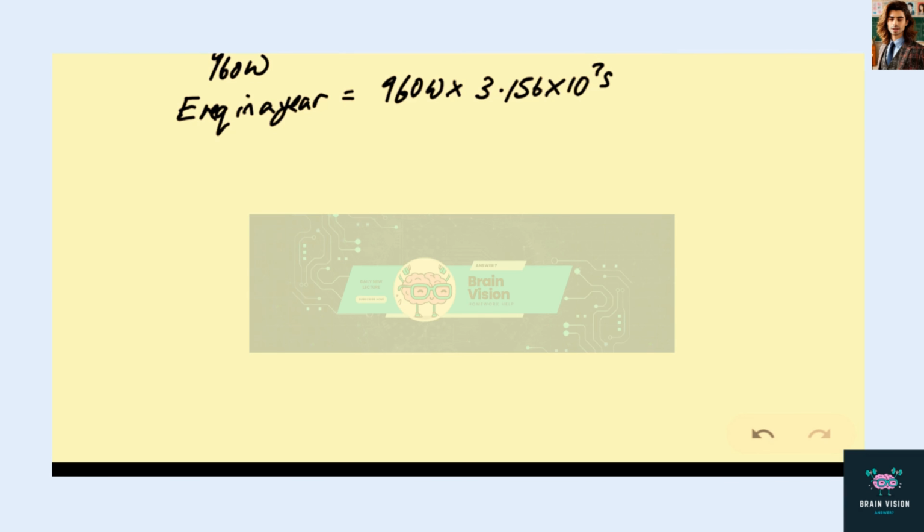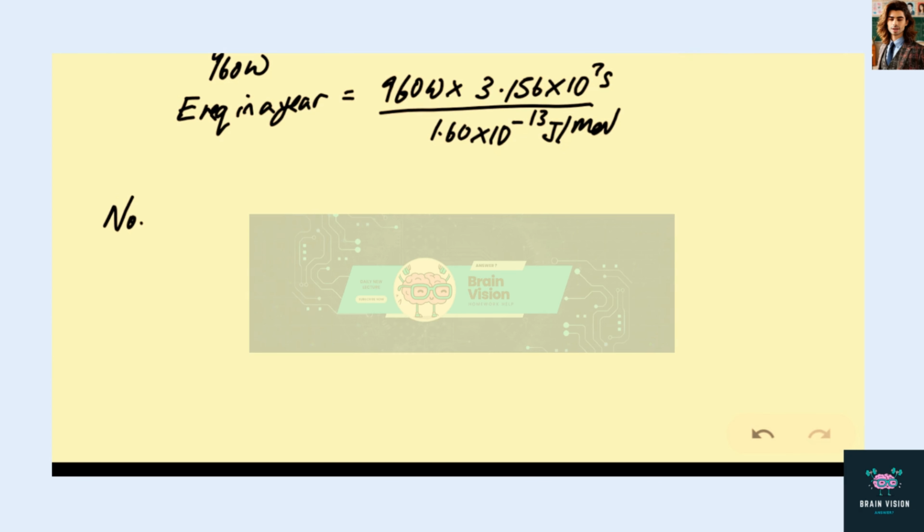And this will give us the amount of energy that's required in terms of joules. But our energy for the fission is given in terms of MeV. So we're going to convert this into MeV.